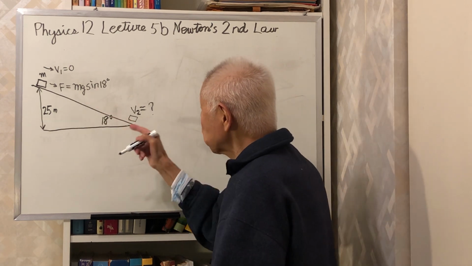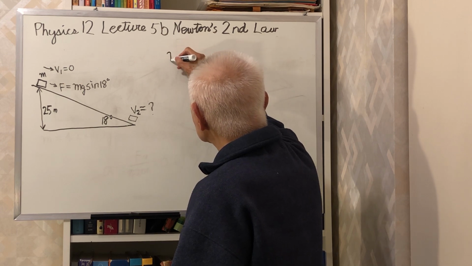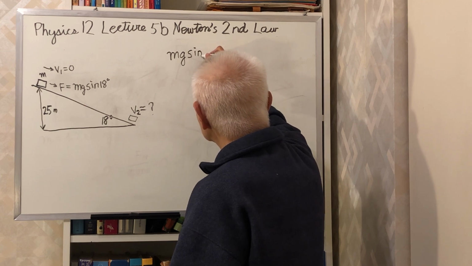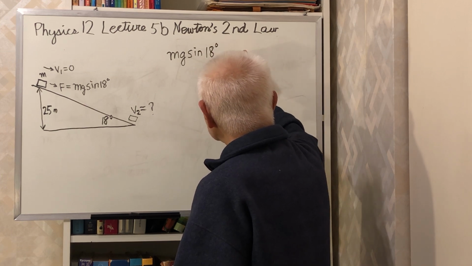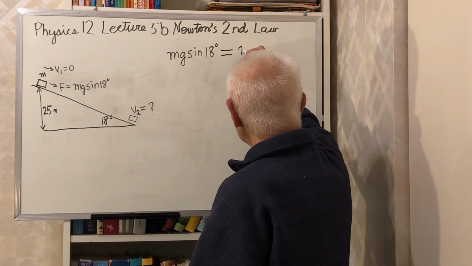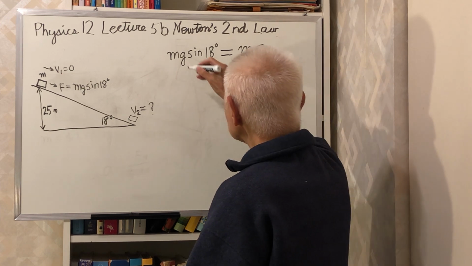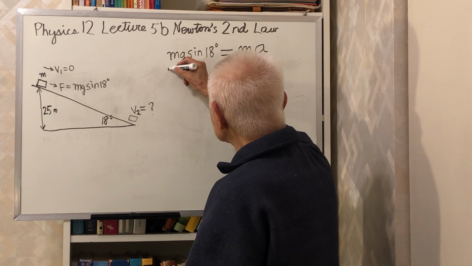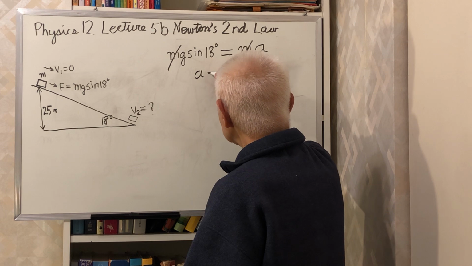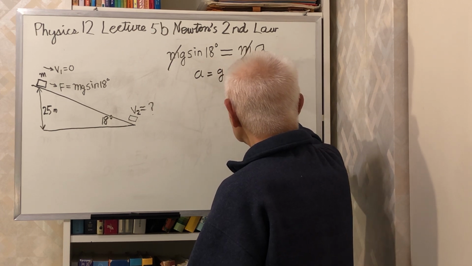Then what is the acceleration? Force is m times acceleration. So the m cancels. The acceleration is g sine 18.